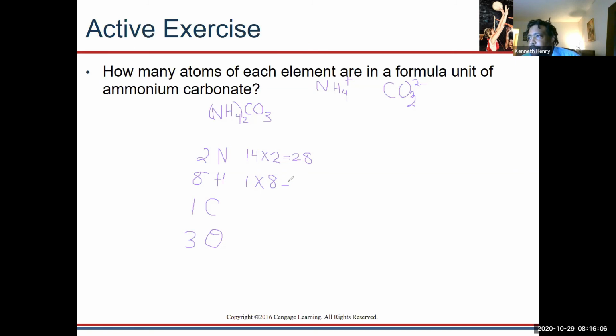That's going to be 8. Okay. Giselle, what is the atomic mass of carbon? 12.011. Okay, we're just going to round to be simple. We're simple folks. Okay, 12.